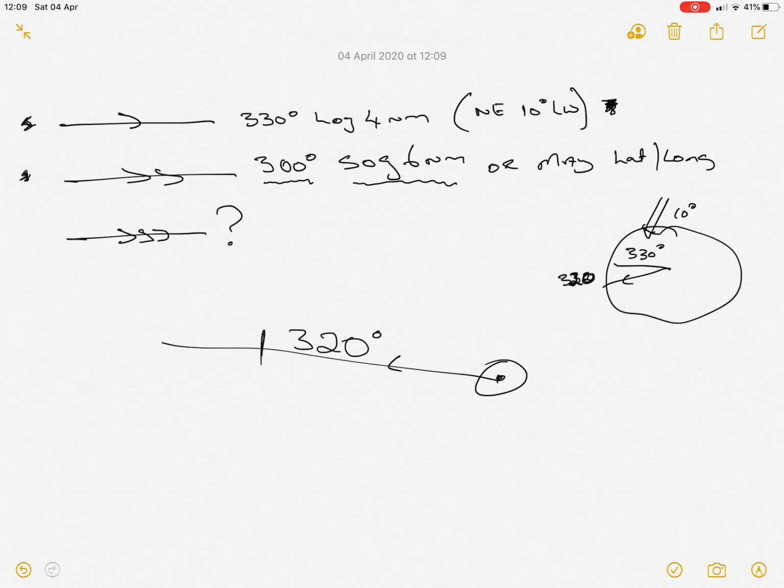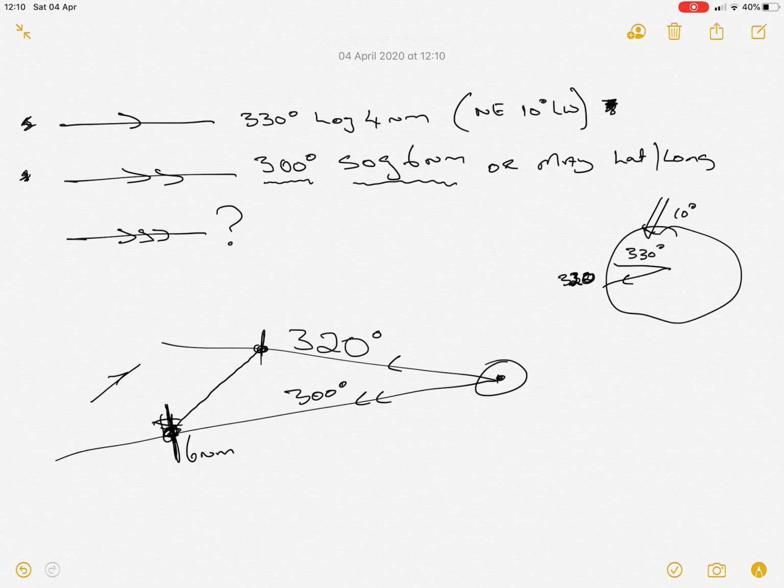But if I look at my GPS, it actually says I'm in this waypoint, or it's given me that bearing of 300 degrees, and it's told me that speed was 6 nautical miles, which means if I join that position and that position, I can get a tidal stream.